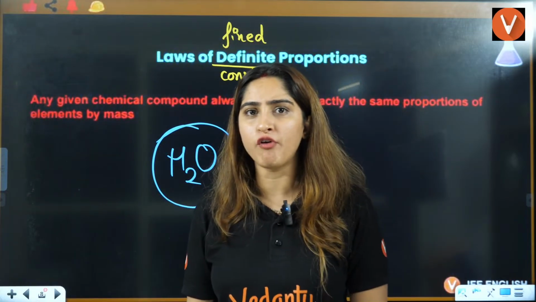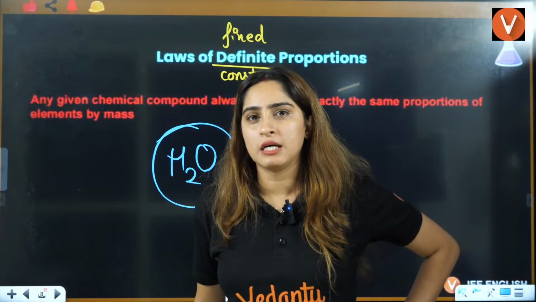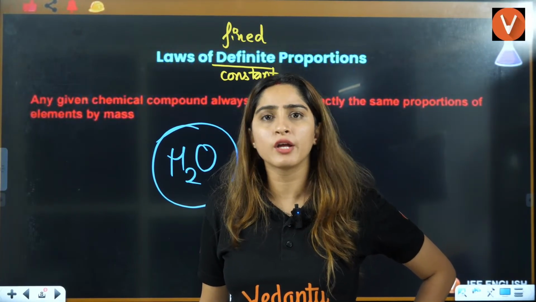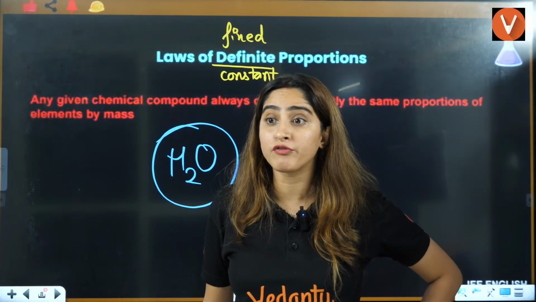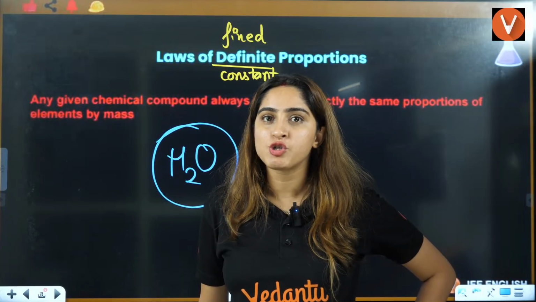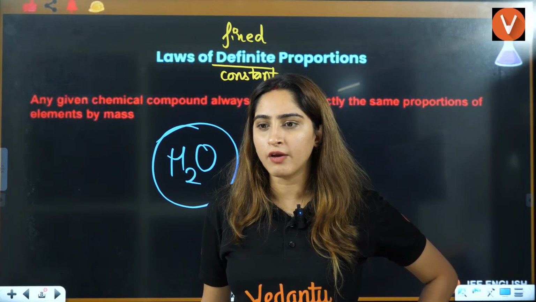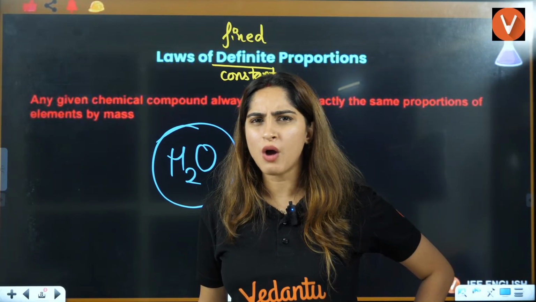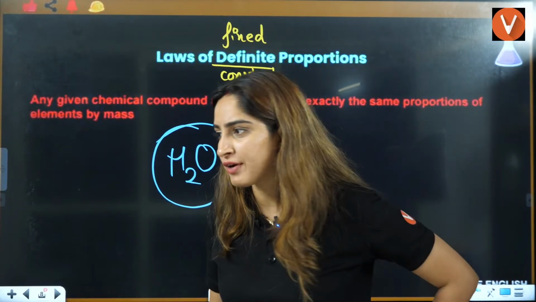So is this a different formula? Someone is not drinking RO water, someone is drinking normal water. Someone is drinking water from the ocean, someone from the lake, someone from a different city, different state. So are these formulas of water different?